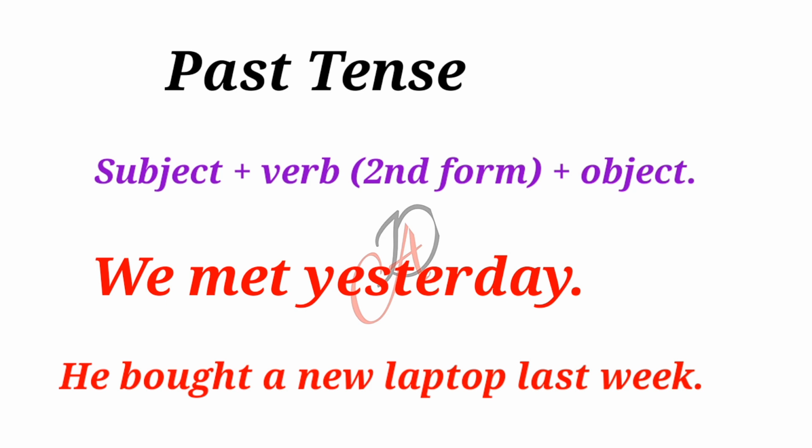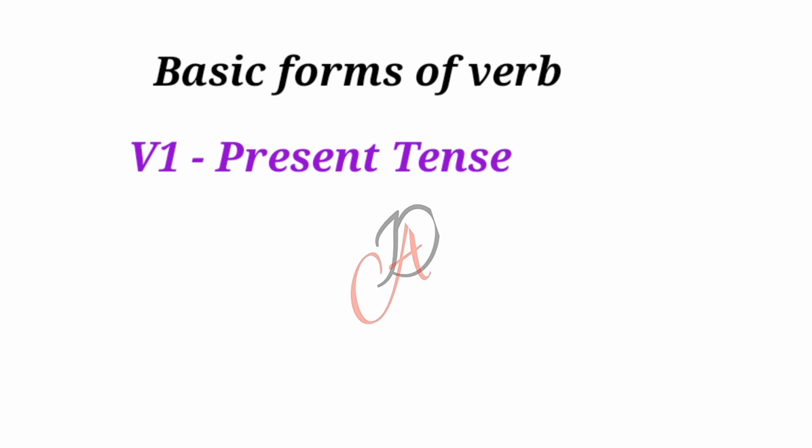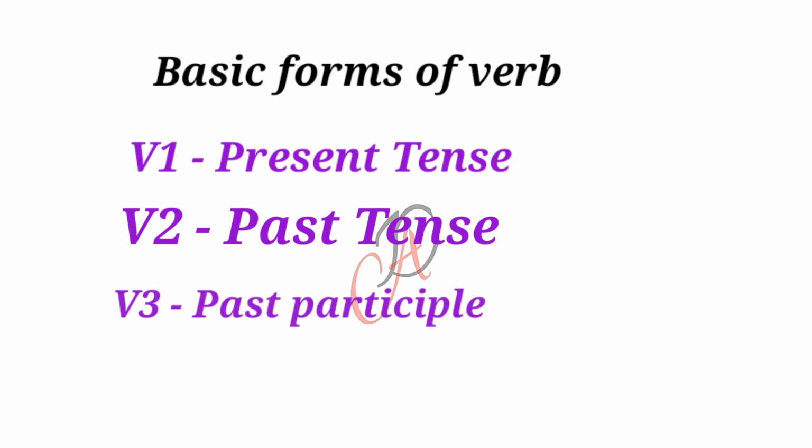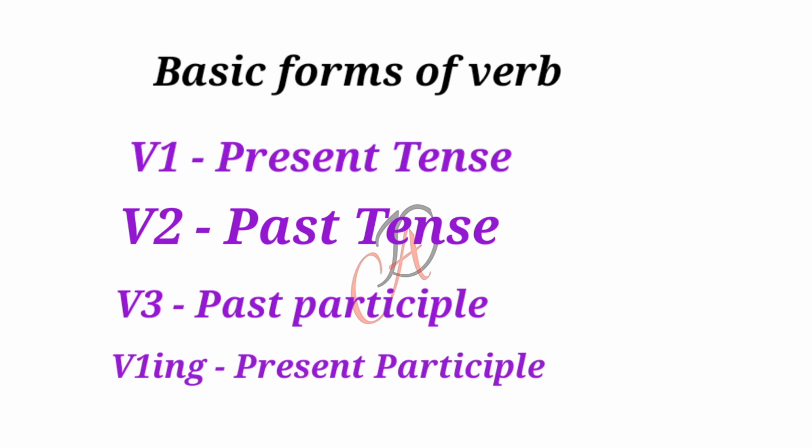So before moving on to the next tense, that is future tense, let's understand the basic forms of verb: V1, V2, V3, and V1 plus ing. V1 refers to the present tense, the base form of the verb, and V2 refers to the past tense, and V3 refers to the past participle, and V1 plus ing refers to the present participle. To understand this in a better way, let's take an example of the verb go.